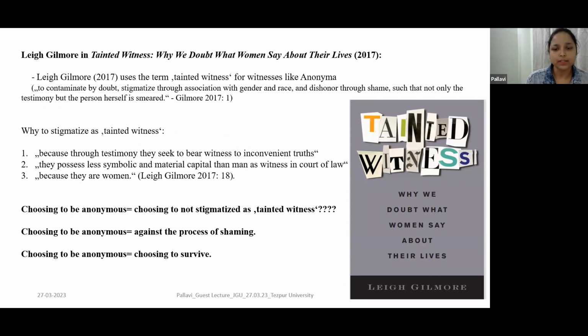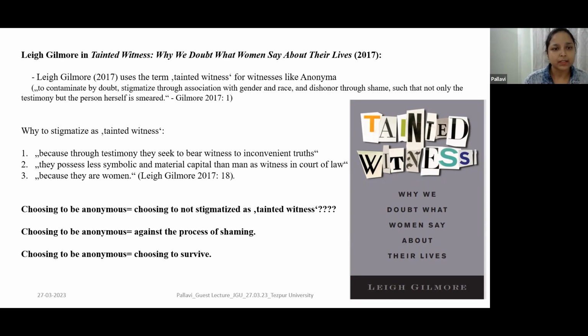She uses the term tainted witness for witnesses like Anonyma here. And what are the things that make somebody a tainted witness? She says: to contaminate with doubt, stigmatized through association with gender and race, and dishonored through shame, such that not only the testimony, but the person herself is smeared and eventually becomes a tainted witness.